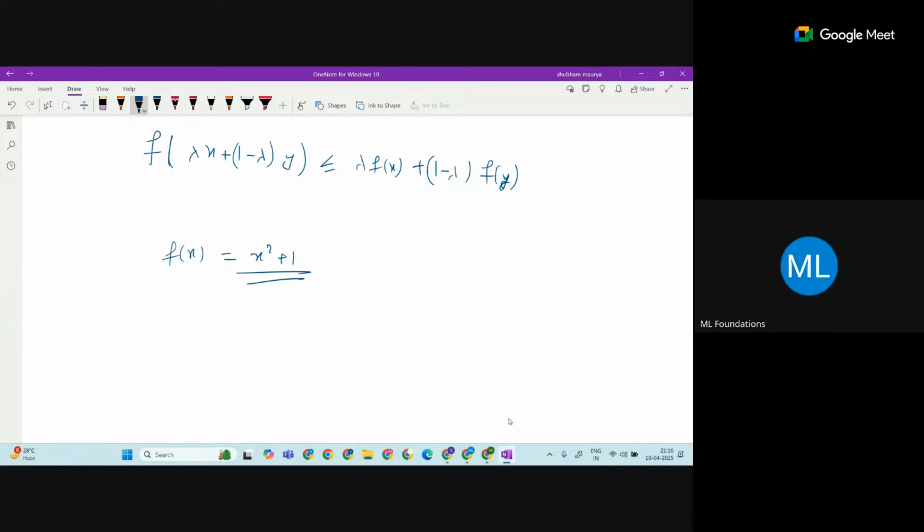Now take the example of x and y both. So I have this function, and I want to check whether it is convex or not. So you have x and y there.